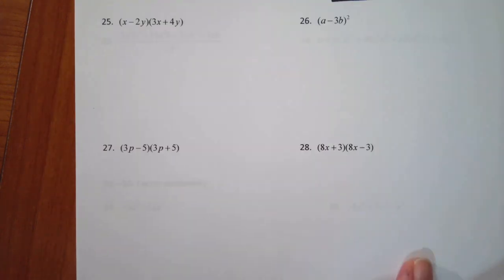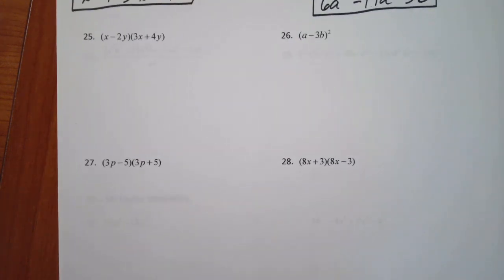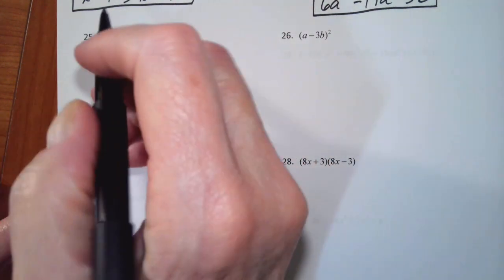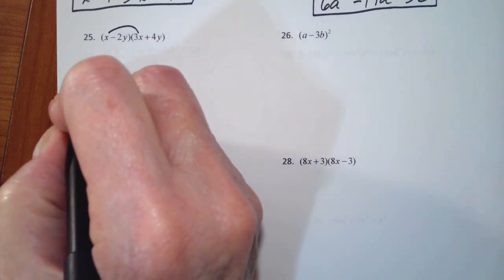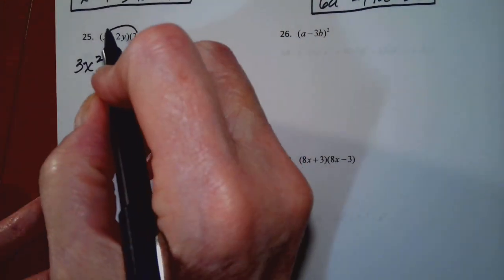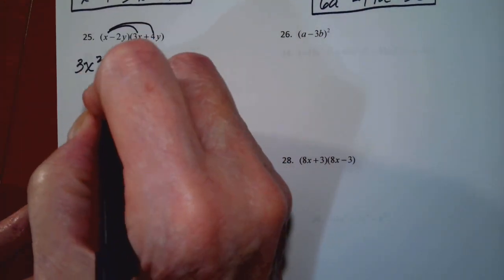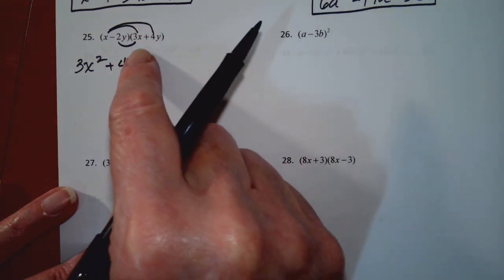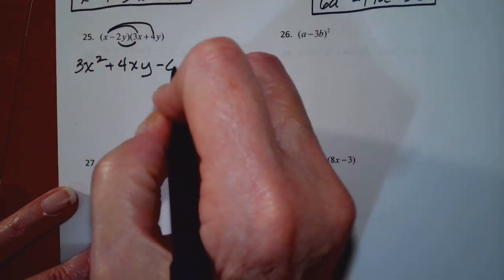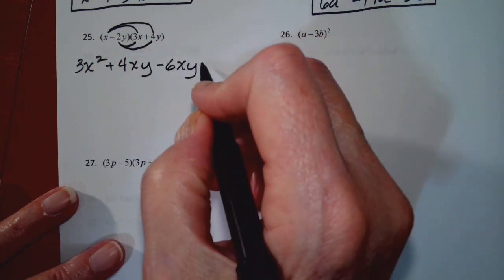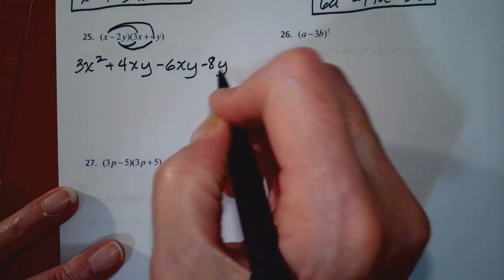If you have multiple variables, it's still exactly the same thing. So this one I'll just go ahead and double distribute. So I'm going to multiply x times 3x, which is 3x squared, x times 4y, which is 4xy, negative 2y times 3x is negative 6xy, and negative 2y times 4y is negative 8y to the second.